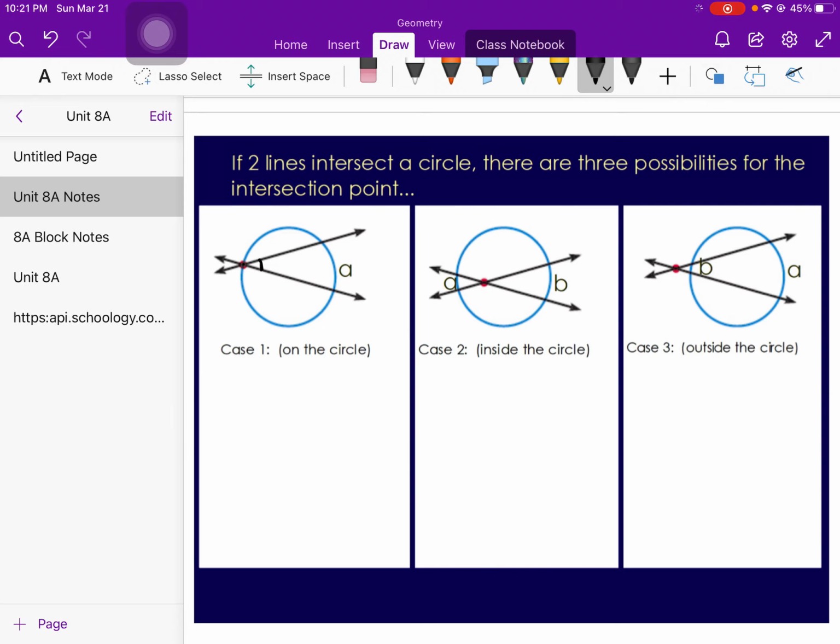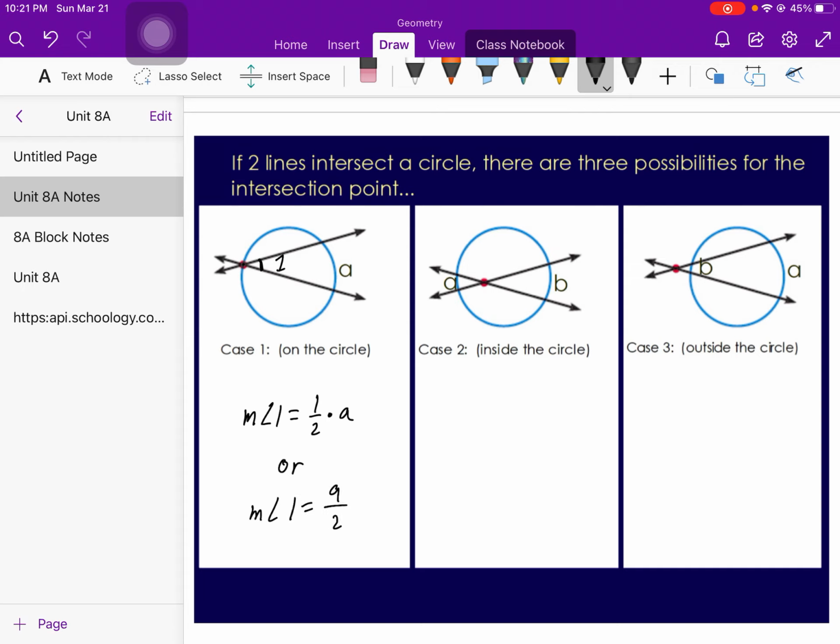So this relationship we've already seen, but the idea here is that the measure of angle 1 is going to be equal to 1/2 times A. So that intercepted arc is going to be 2 times bigger than our angle down there, so we just cut it in half. You could think of it as the measure of angle 1 equals A divided by 2.